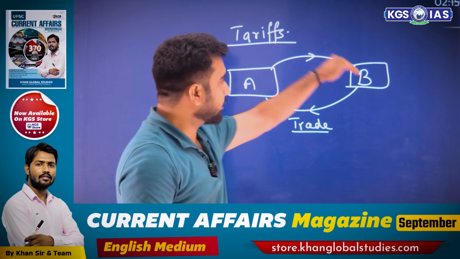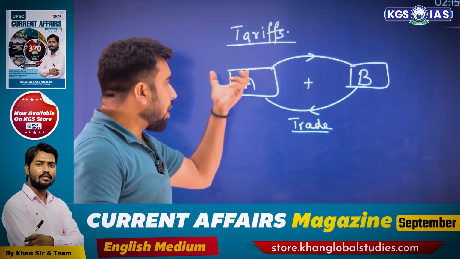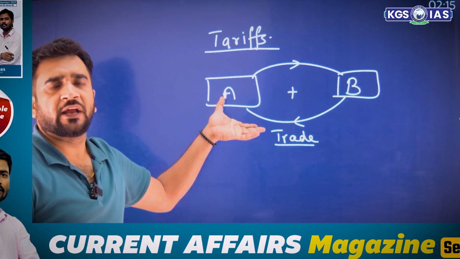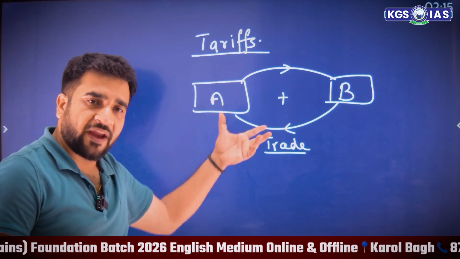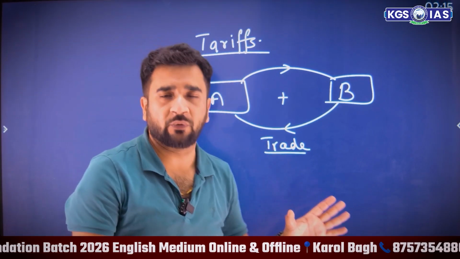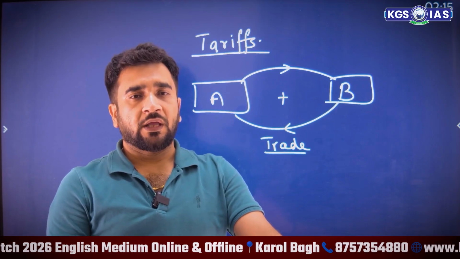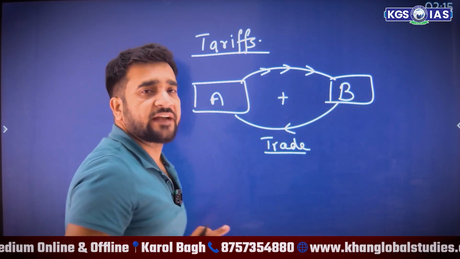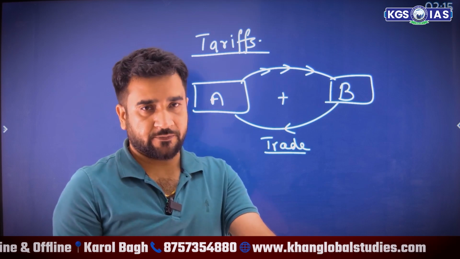Exports from country A to B and imports of country A from country B, or exports of country B to country A. Combining this is considered to be total trade between A and B. If country A exports more to country B, then that situation is called as trade surplus.